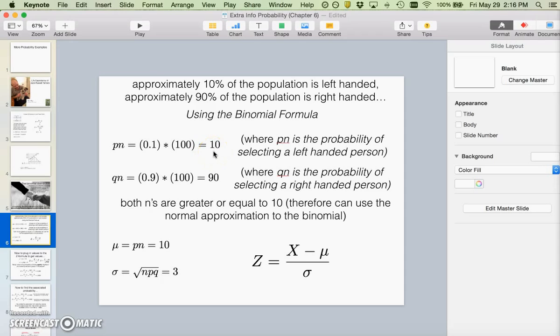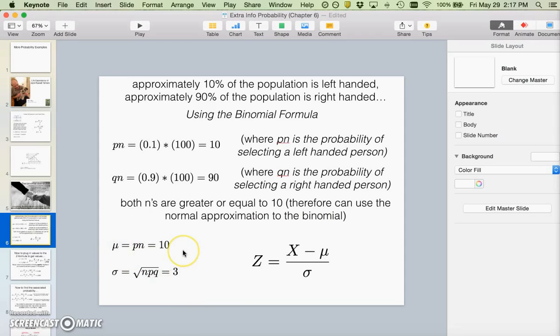That's about 10. Qn is the probability of selecting a right-handed person, and in our case we have 0.9 times 100, which is 90. Both the n's are greater than or equal to 10, therefore we can use the normal approximation to the binomial formula, which we will get to in just a second, but it involves these values here.